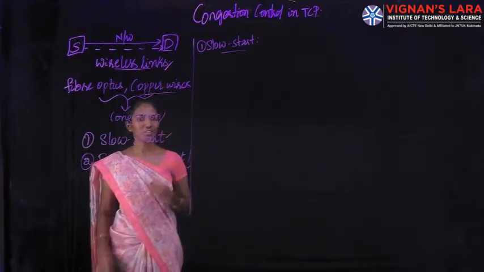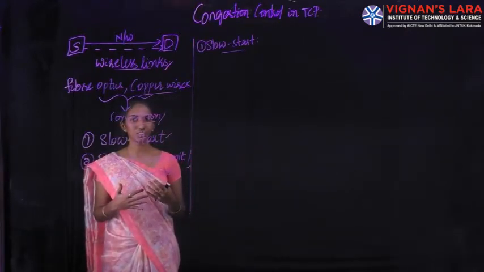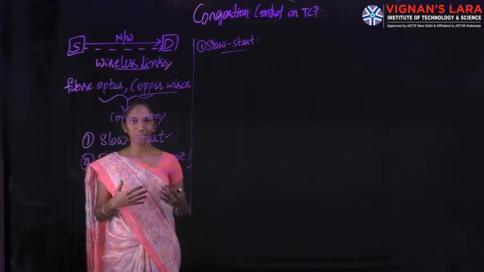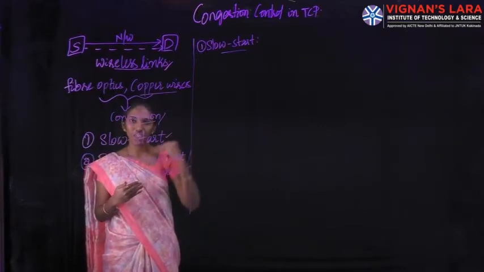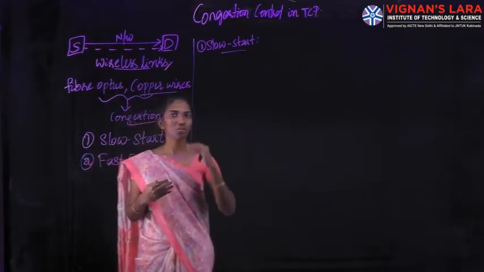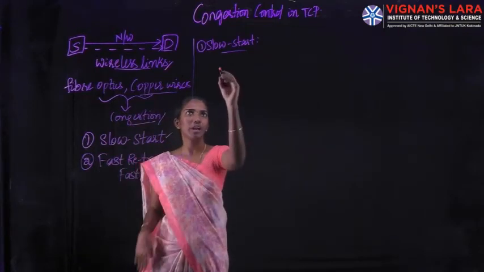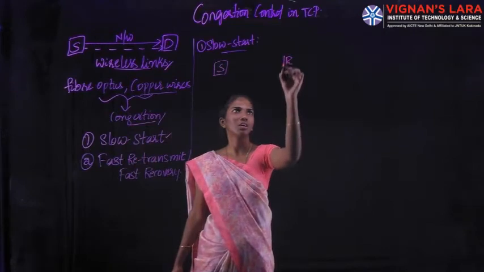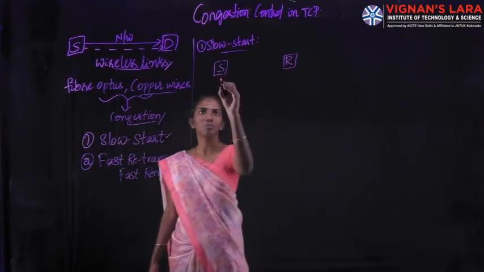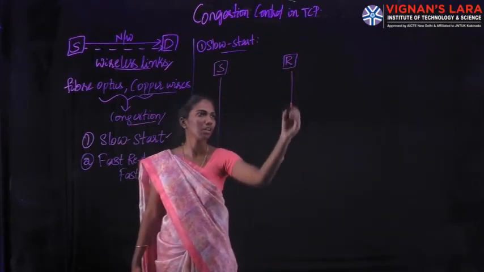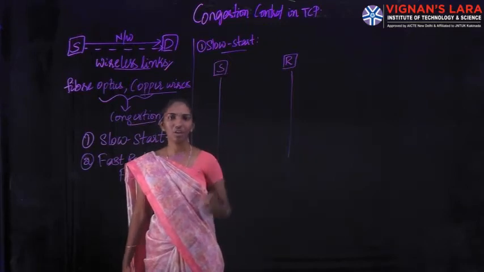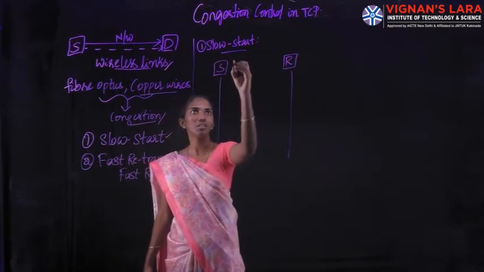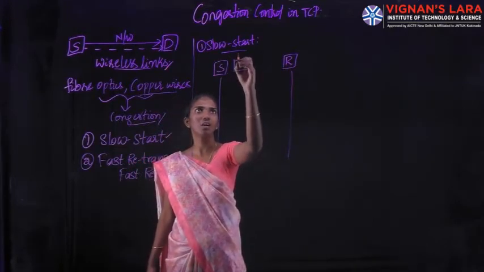So first we shall start with the slow start mechanism. The name itself indicates it. So what is meant by slow start? Start means starting up. Slow means gradually increasing, right? So what happens in the case of the slow start mechanism? Assume that you have a sender and a receiver, and this is their timeline. Whenever you are using congestion control, every sender or receiver will have a window.